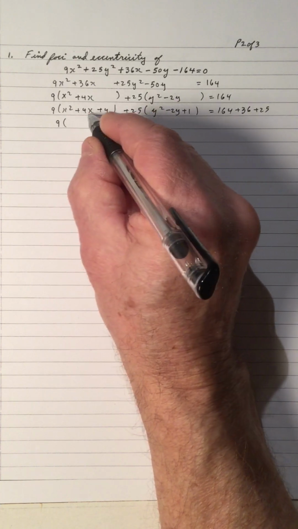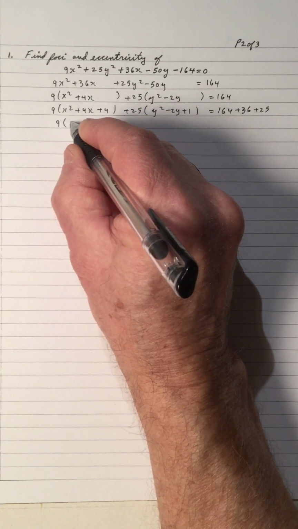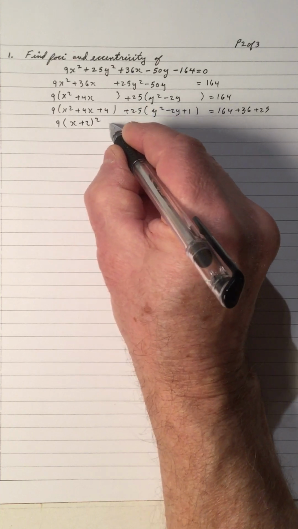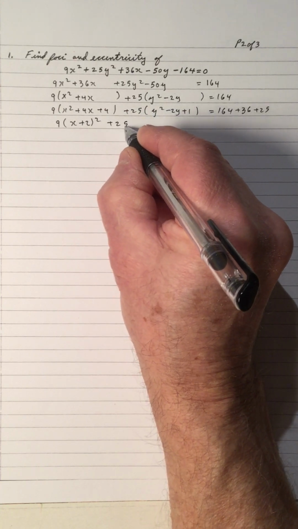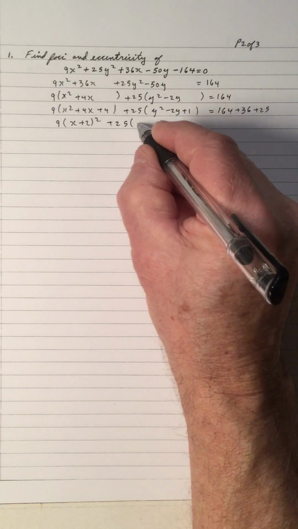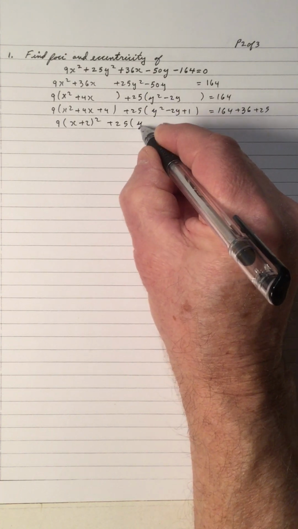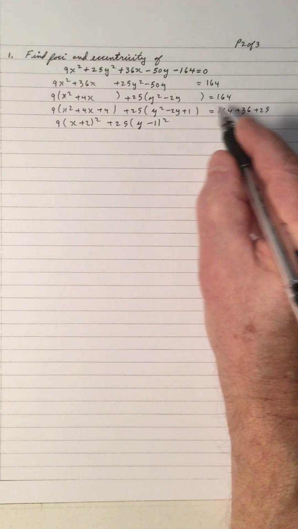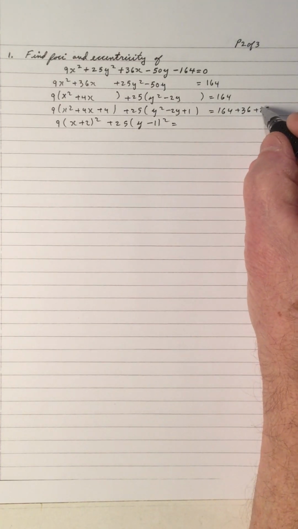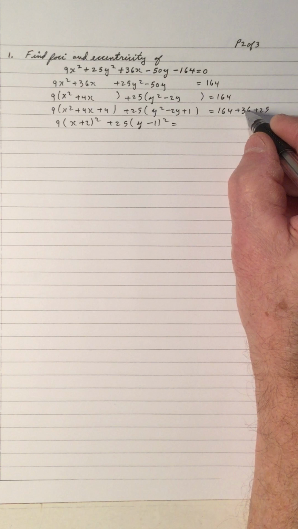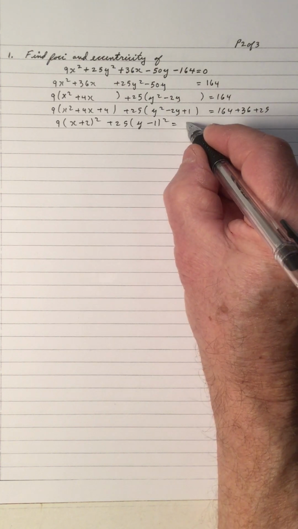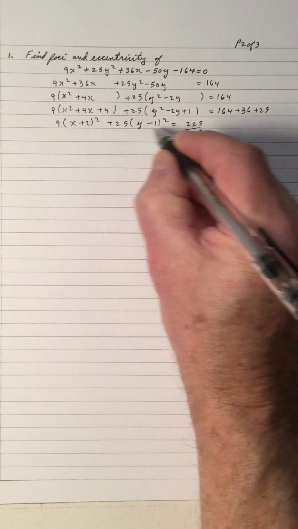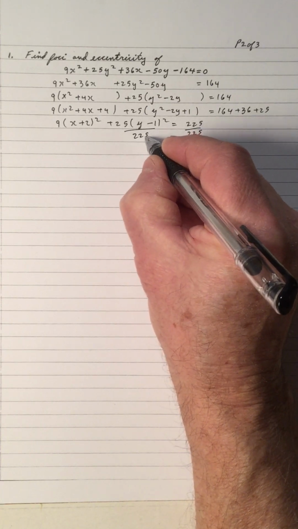This is a perfect square trinomial, so the square root of x squared is x, and half of plus 4 is a plus 2. And this is a perfect square trinomial, so the square root of y squared is y, and half of negative 2 is negative 1. And that gives us 164 plus 25, which is 225. So now I'll divide by 225 on each side.